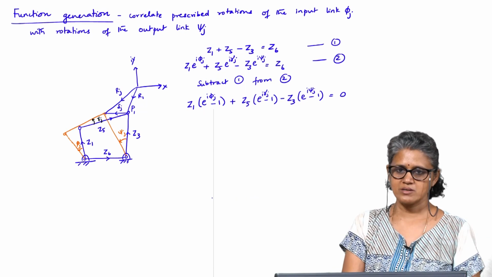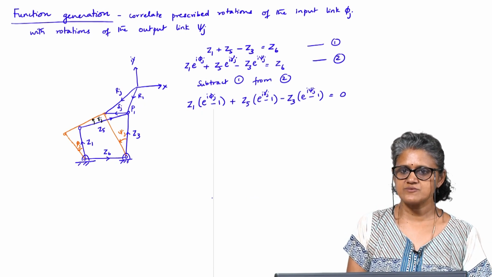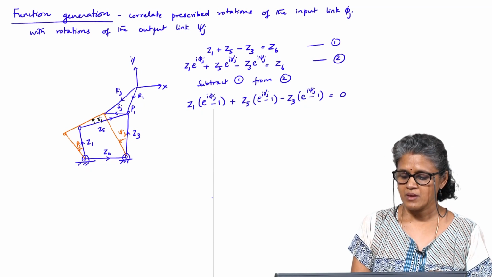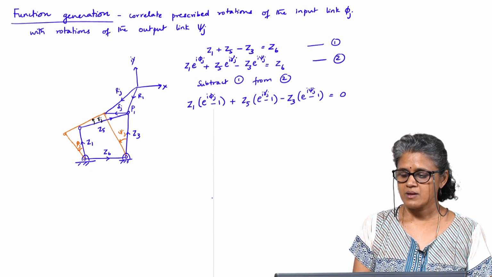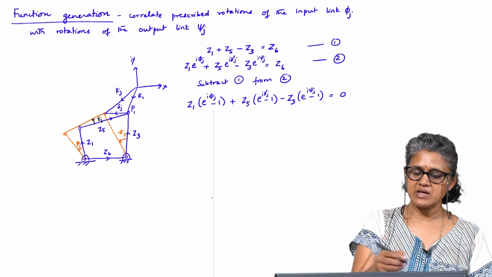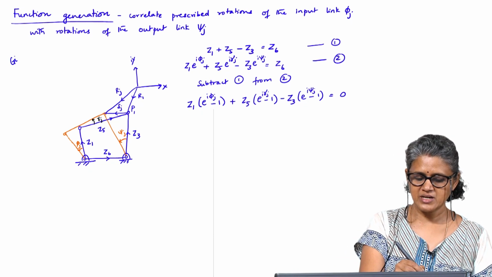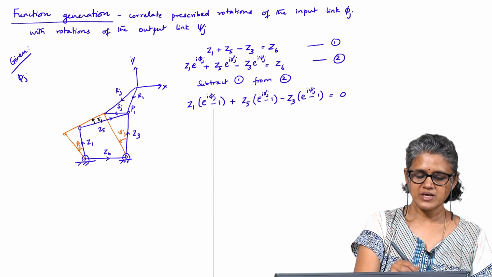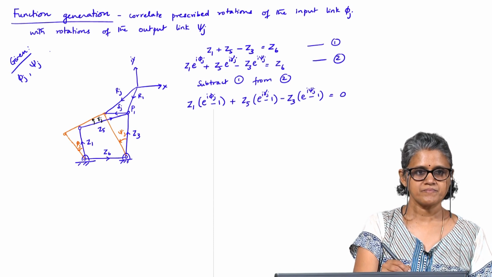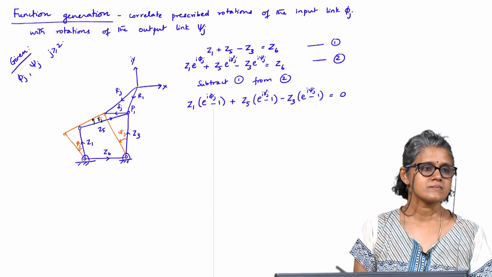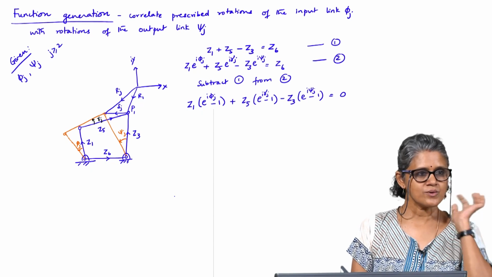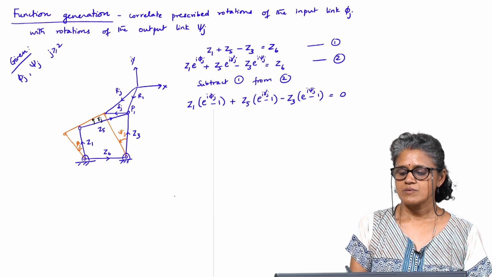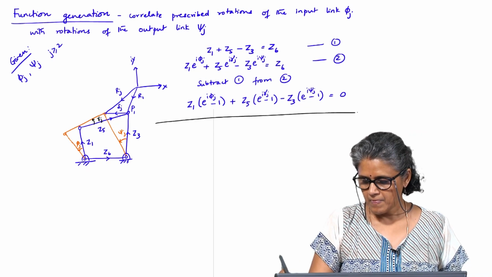So, this is not in the standard form. Here what would be given? So, for function generation, the given quantities are phi j and psi j, right. I know how they are supposed to be coordinated.